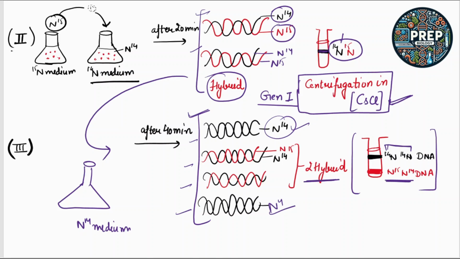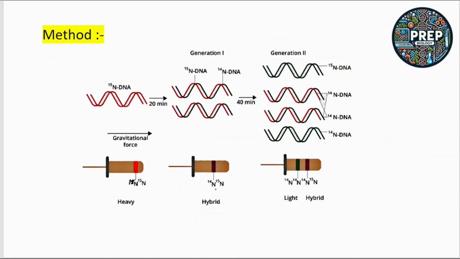So they found that in generation 1, both strands are hybrid type, N15 and N14, and in generation 2 they found 4 strands, 2 hybrid and 2 lighter in nature, containing N14 and N14.